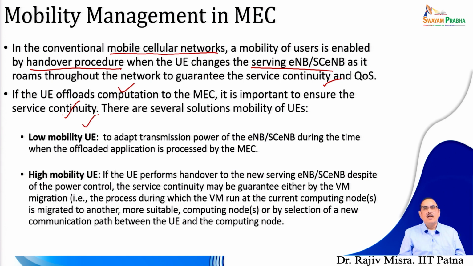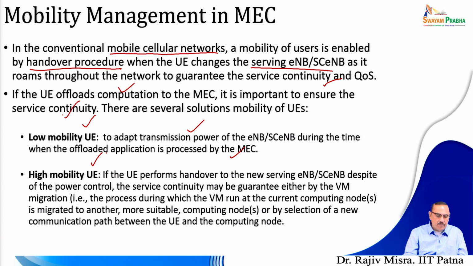The first is low mobility user equipment: adapting the transmission power of ENBs and SCENBs during the time when the offloaded application is processed by MEC. An example of low mobility is moving inside a room.